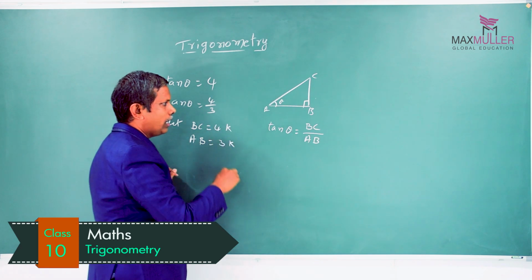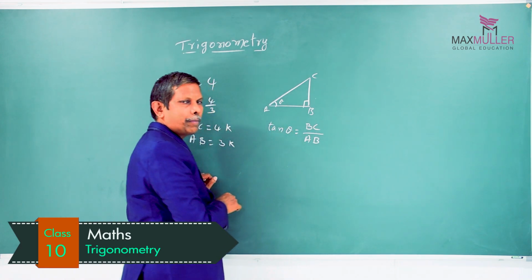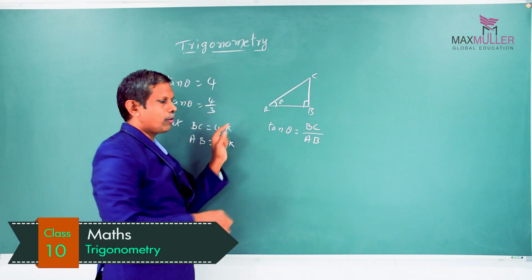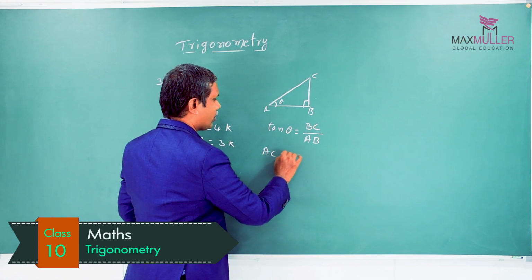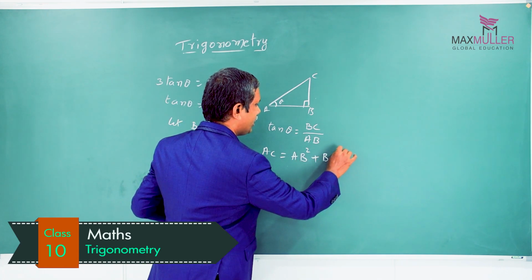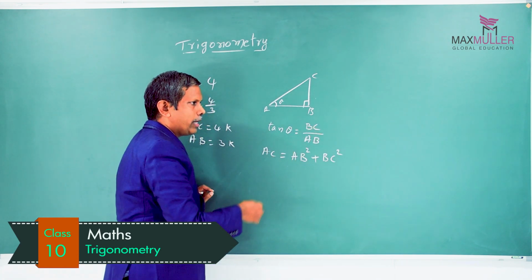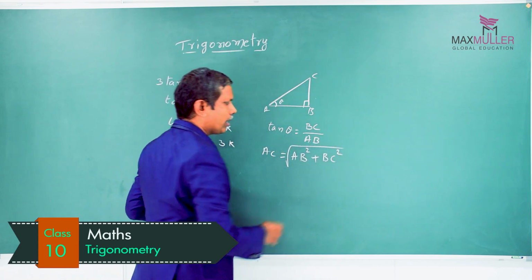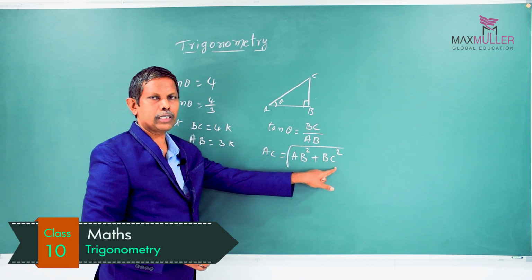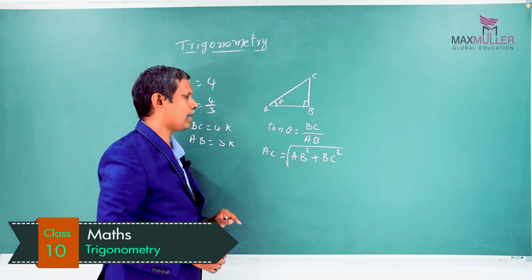In this triangle, we can apply the Pythagoras theorem to find the unknown value, the AC value. AC square is equal to AB square plus BC square. So AC is the square root of AB square plus BC square by the Pythagoras theorem.